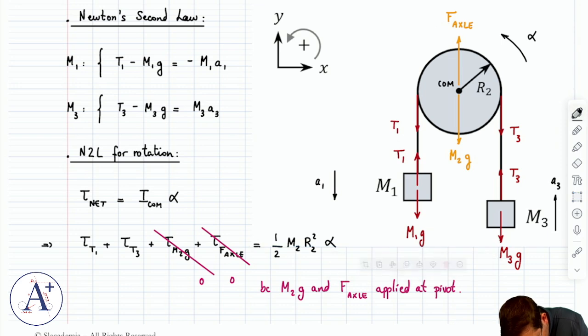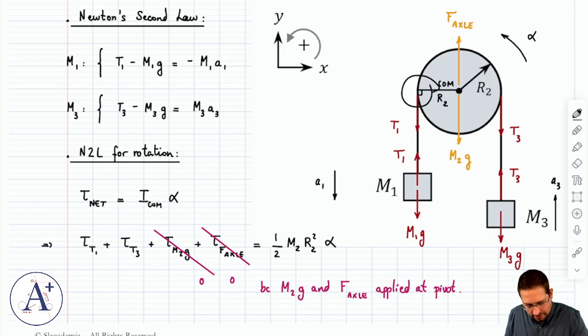This is my center of mass. Now I need to know the distance between my pivot and my force times the force times the sine of the angle between the two. Well, that's pretty easy. The distance between the force and my pivot is going to be equal to the radius R2 of the pulley. This angle will be 90 degrees here.